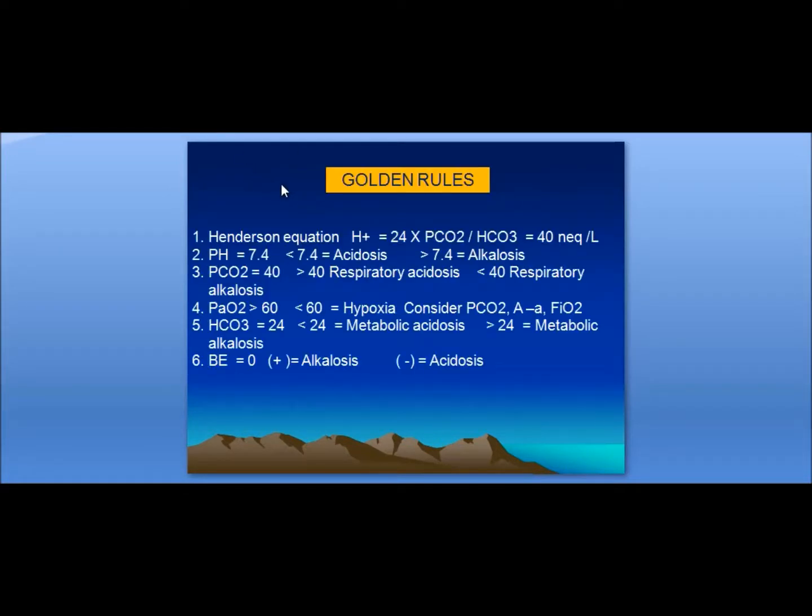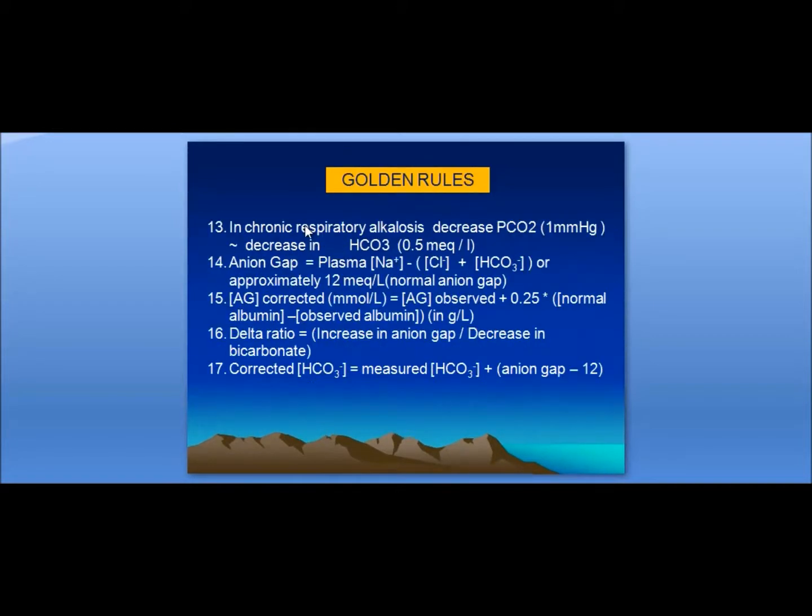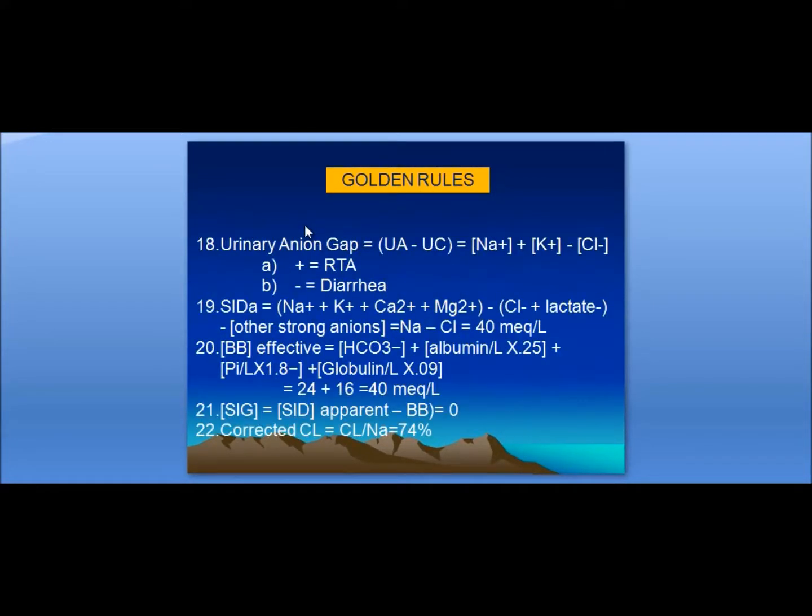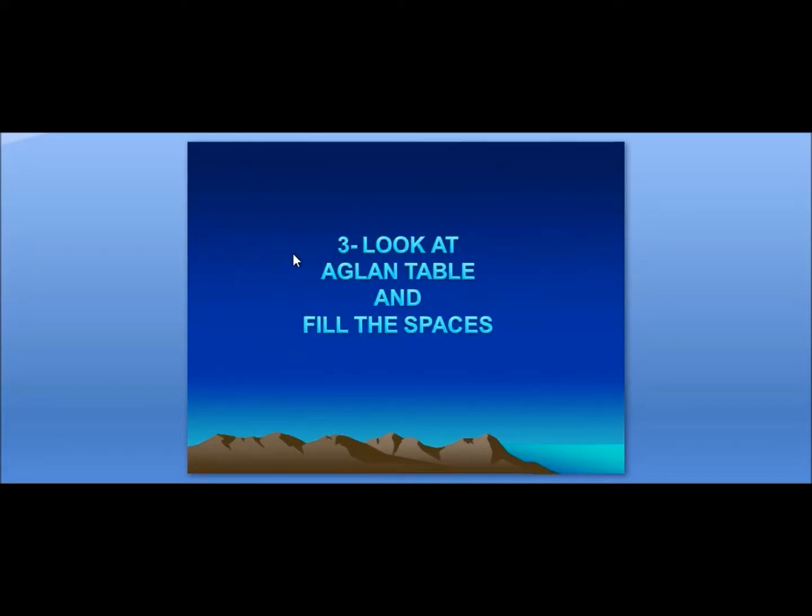For the calculations of the calculated items, don't forget these formulas, these equations. I collected them in the form of a golden rule in these 4 slides. You should know them by heart. Number 3, look at the Aglan table and fill the spaces.